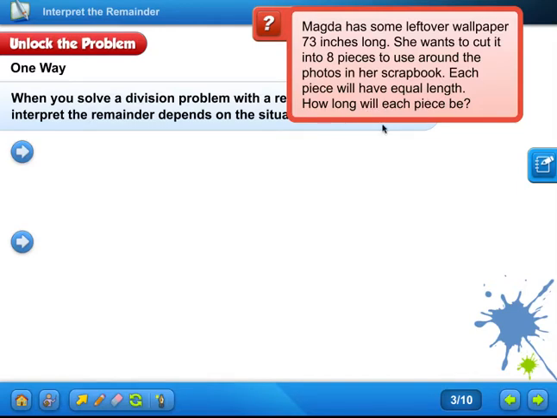How long will each piece be? So let's underline some of the information that I know. First I'm going to underline my question so I know what I'm trying to figure out. How long will each piece be? Well, I know that I want 8 pieces, and I know that I have 73 inches.